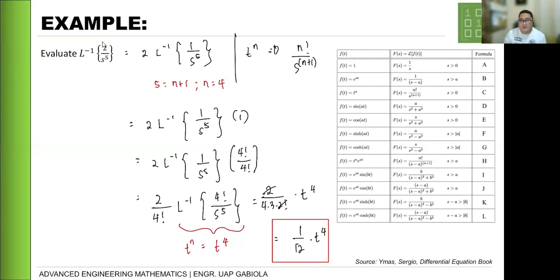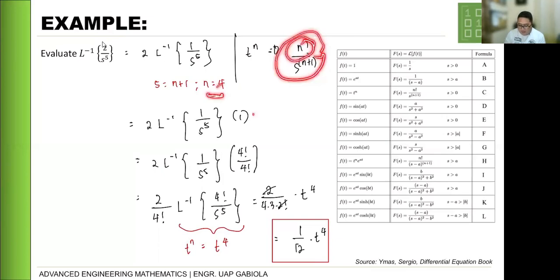Right? So, first, again, is to identify which transformation is suitable dun sa given mong function of s. Then once you identify it, you try to make it the same form as before. Okay? So dito, we need a n factorial of value na 4 factorial.